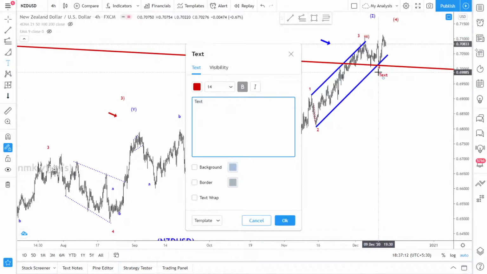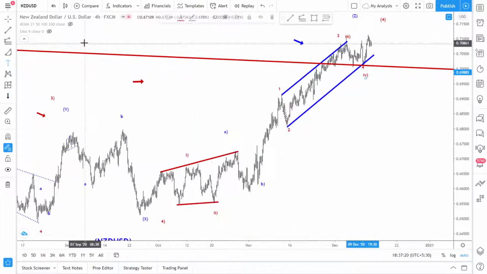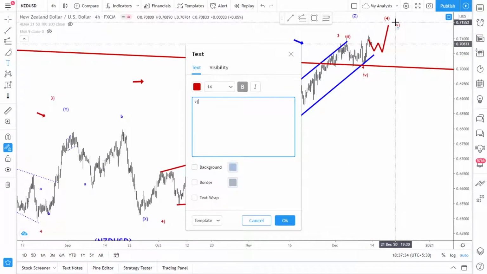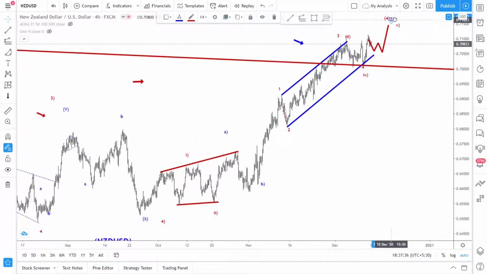So this is the end of the fourth wave. And what it will do is one more three-wave structure, and then again it can go up to 7150 to 72 also. So in that case, the fifth wave will be over. So the whole Z wave is completed.